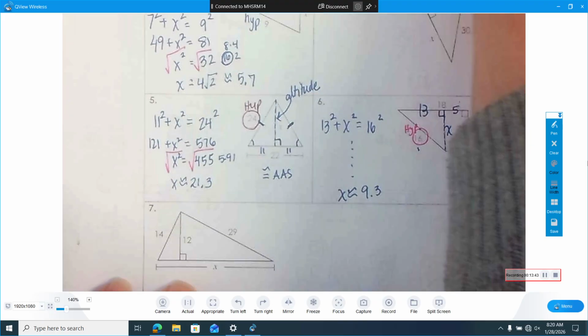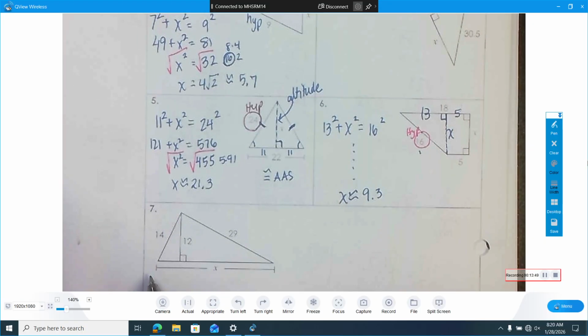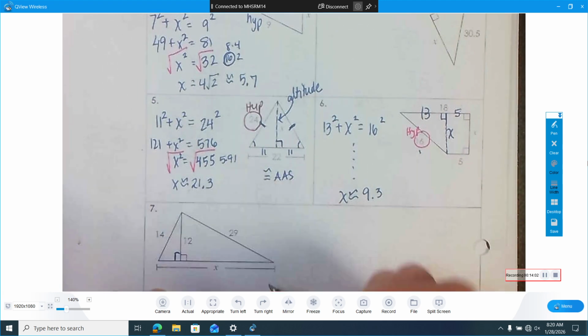Fantastic. Now, number 7 here. Again, we're trying to find the length of this whole entire side. How many right triangles do you see? 2. Yeah, there are definitely 2 right triangles. A left side and a right side right triangle.